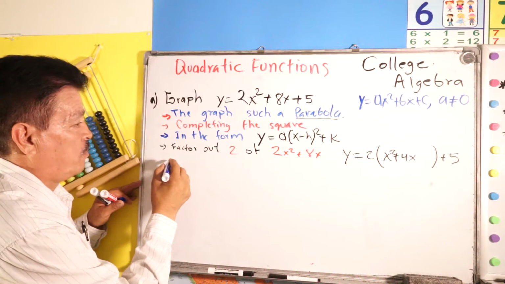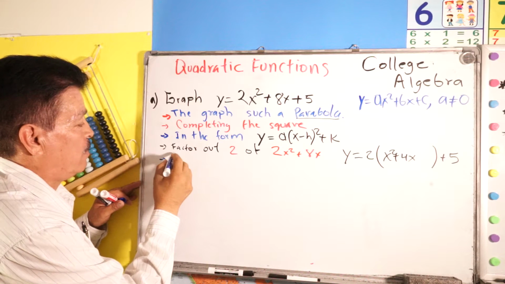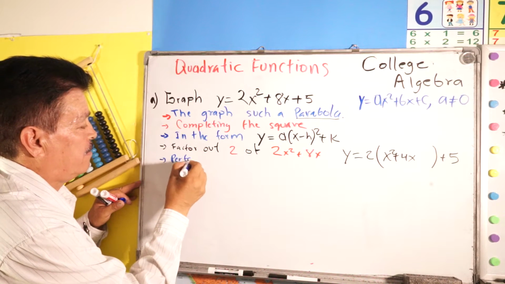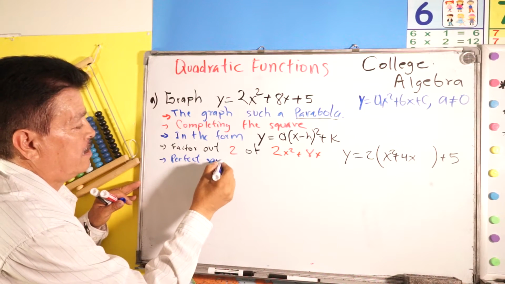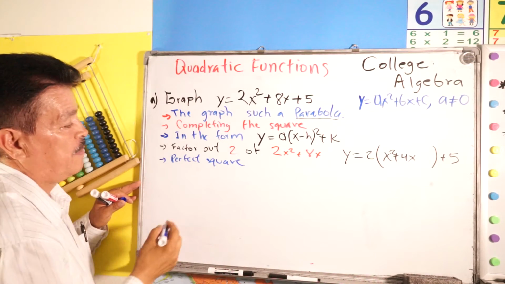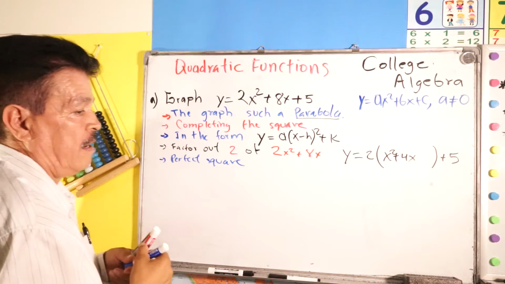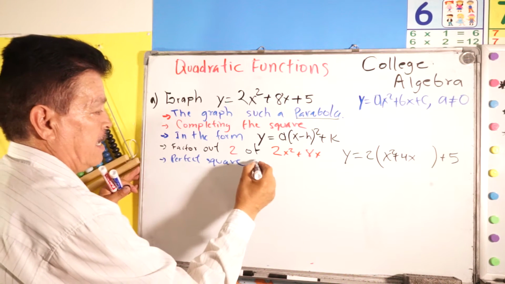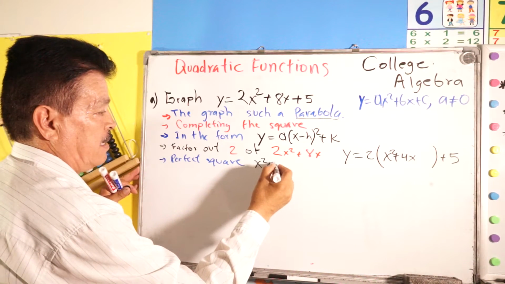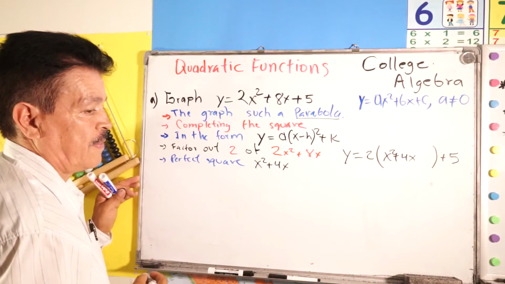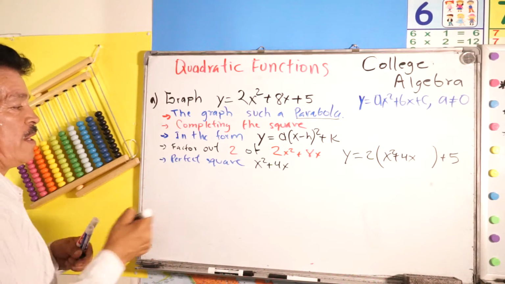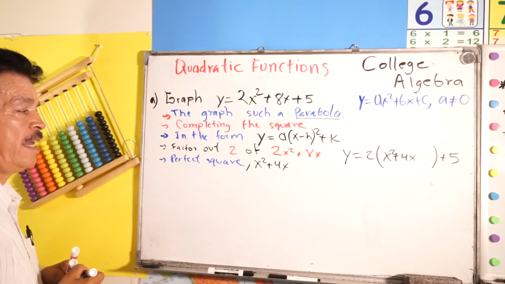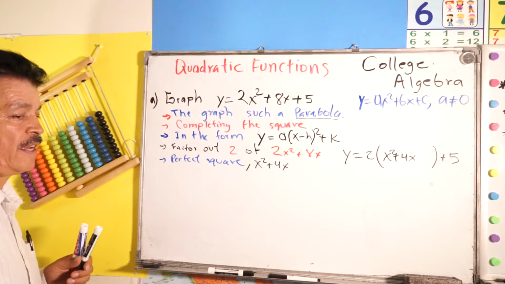Write it as a perfect square for x squared plus 4x.